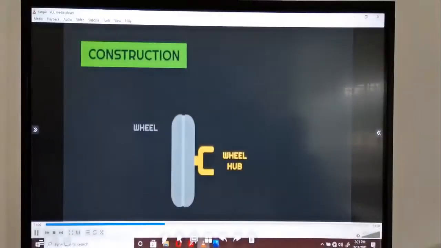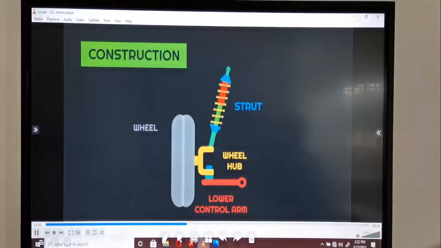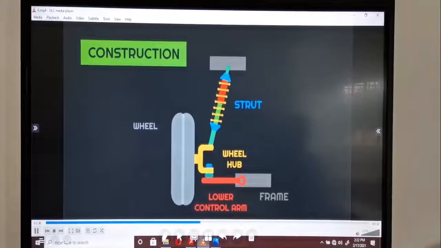So now let's see the construction. The wheel hub is connected with the lower control arm, but here in the absence of an upper arm the strut is connected there. Now let's see the working, how it works.